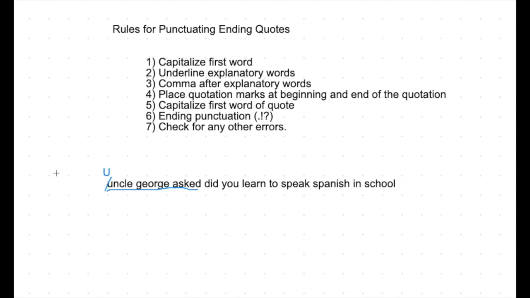Step 3, put a comma after the explanatory words. So let's put a comma right here. Step 4, place quotation marks at the beginning and end of the quotation. So here are our quotation marks, and here are our quotation marks. Step 5, capitalize the first word of the quote. Here's the first word of the quote, did, so let's capitalize the D.